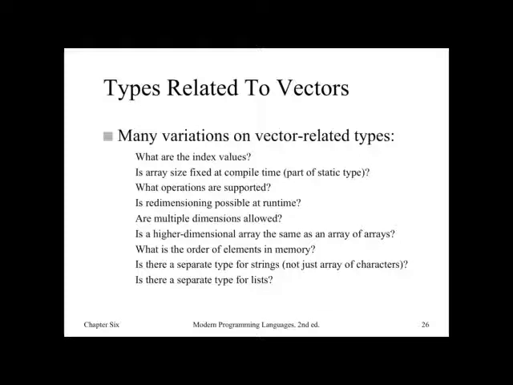Do I set the size of the array at compile time? And do I make that part of the static type? What are the operations I can do? What can I add to arrays? What does that even mean? Do I add kind of like a byte-wise addition? Can I concatenate arrays if they're strings?